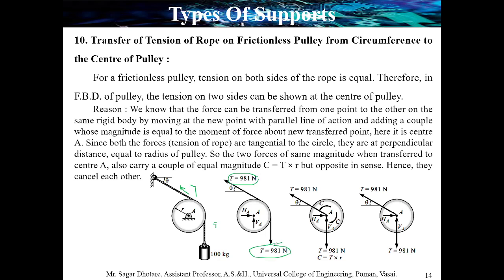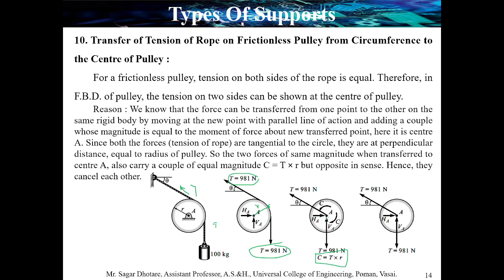Now we can transfer this circumferential force to the center. The distance from center to circumference is r, that is the radius. So the value of the moment, or couple, is nothing but T into r.